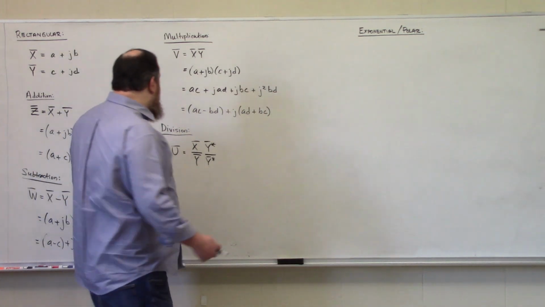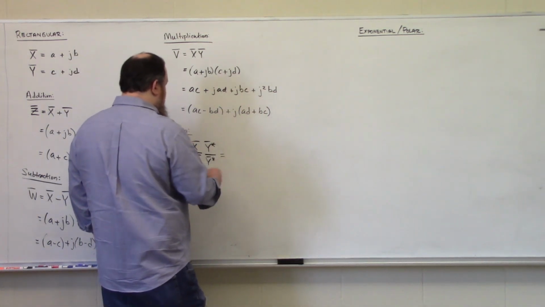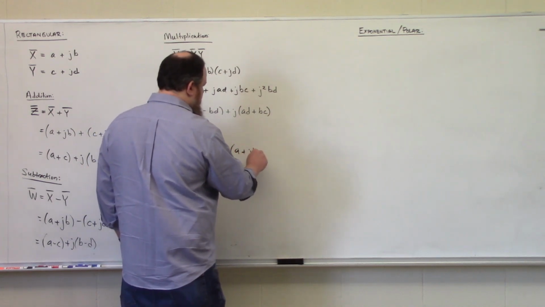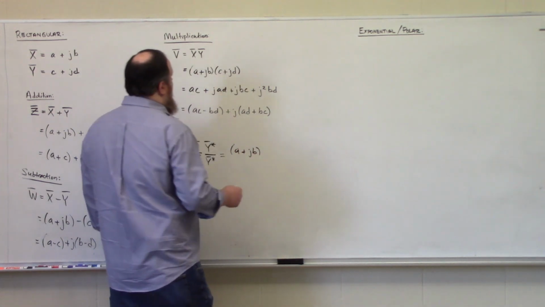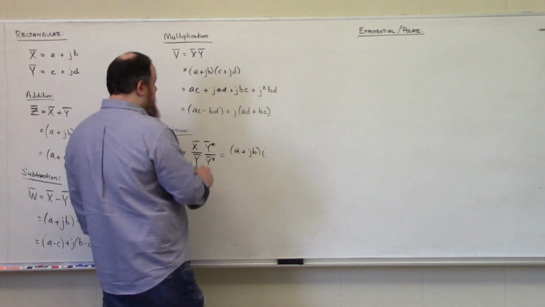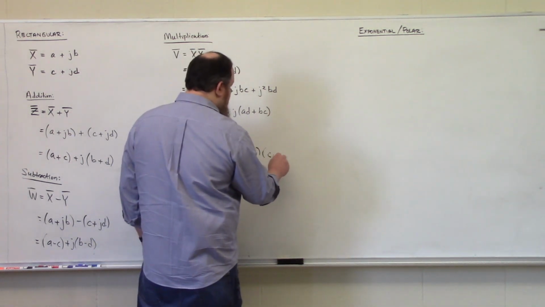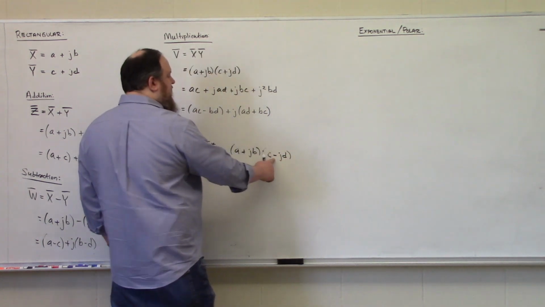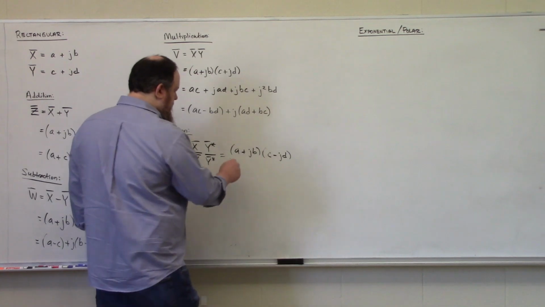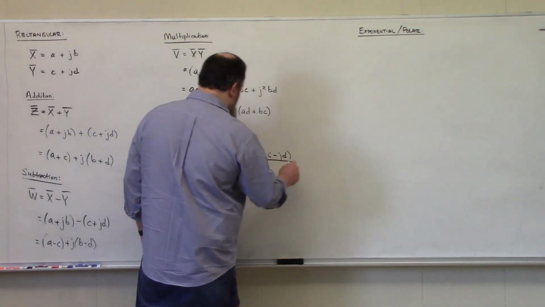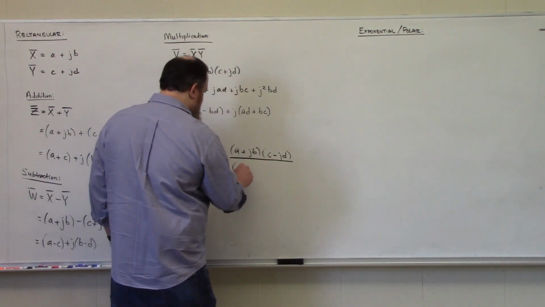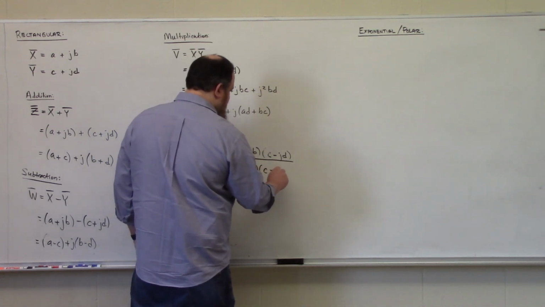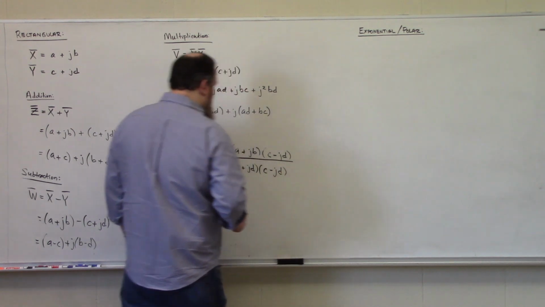So in this case, our operations would give us a plus jb multiplied by the complex conjugate of y, so that would be c minus jd, where this minus sign comes from the conjugate operation, multiplied by c plus jd times c minus jd.